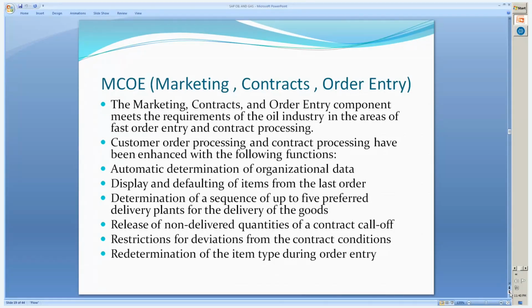There are also certain restrictions in terms of quantity, date and conditions. They can be configured so that we cannot keep on copying the contract data into sales orders. Also, we can set up the automatic redetermination of the item category during order entry.